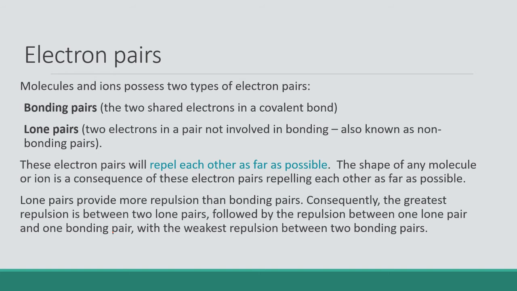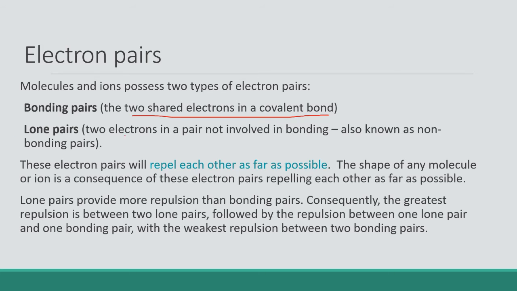So we learnt that electron pairs can be shared between non-metal atoms, and that molecules and ions possess two types of electron pairs. So these bonding pairs are two shared electrons in a covalent bond.